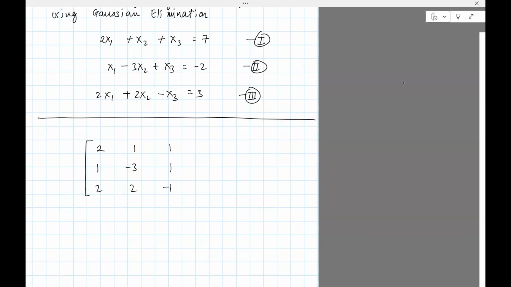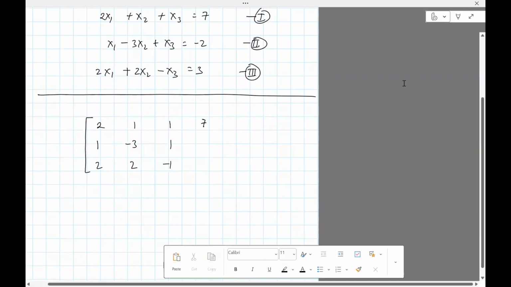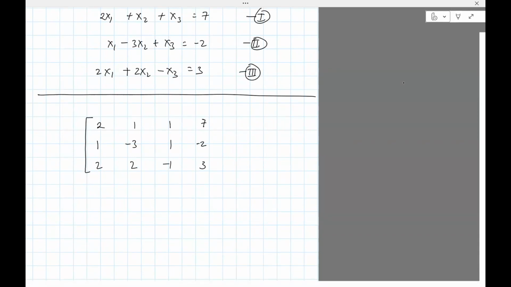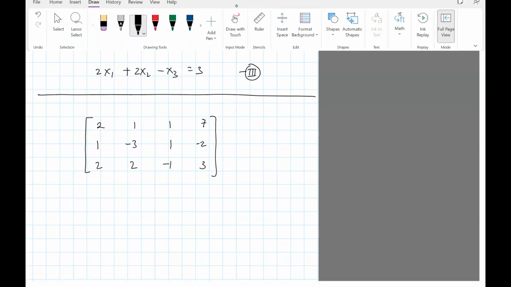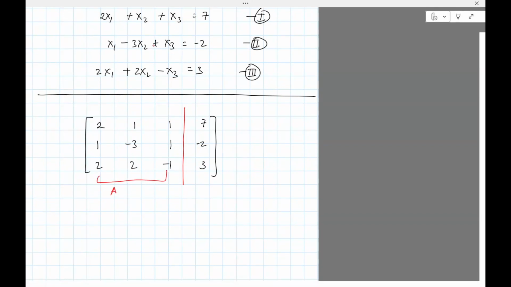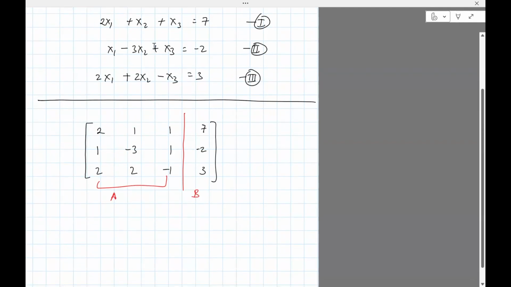And then we'll write the coefficients of the right-hand side, which is 7, minus 2, and 3. Okay, and just to make it look good, I'm just going to draw this just to show that this is our A, if you like, and this is our B. Remember, we are trying to solve AX equals B.